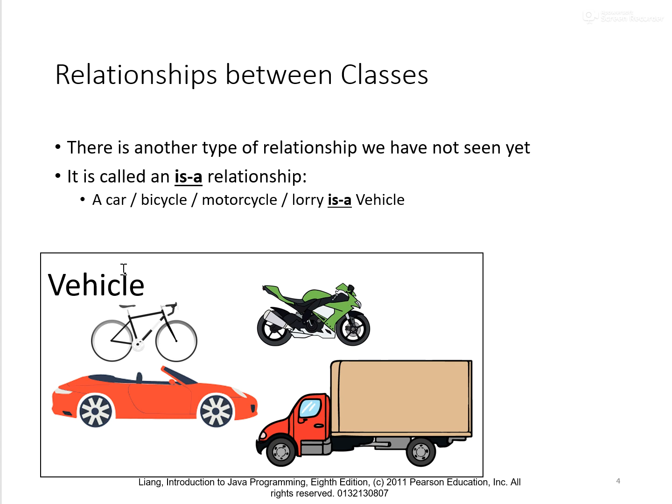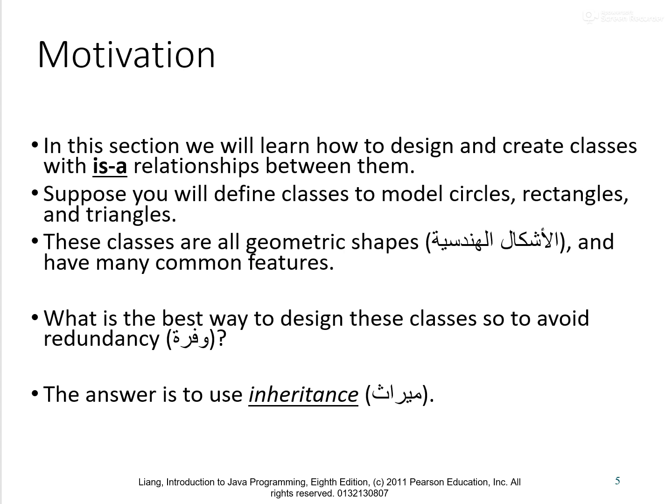This type of relationship between the vehicle class and these more specific vehicles, bicycle, motorcycle, car, lorry, is called an is-a relationship. We haven't done any project in which we've used this kind of relationship yet, so today will be our first day trying that.